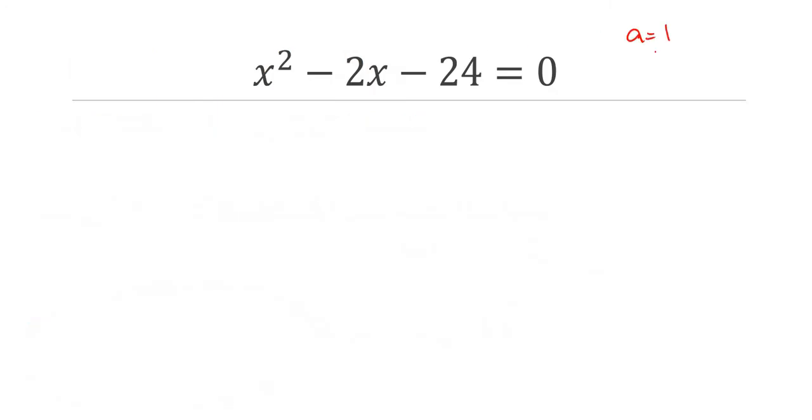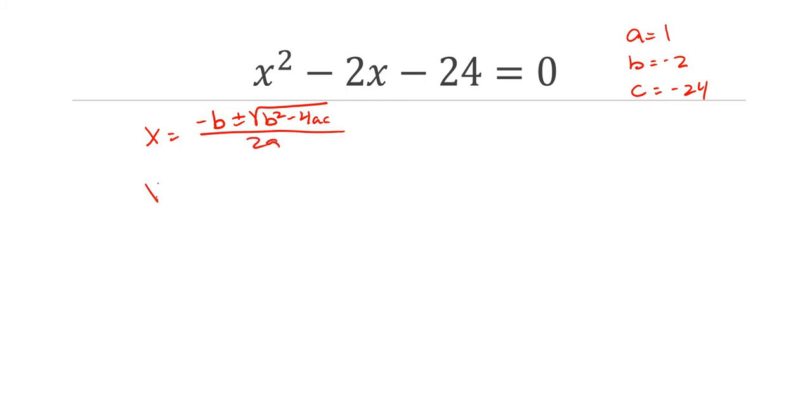So in this particular quadratic, a equals 1, b equals negative 2, c equals negative 24. My formula: negative b plus or minus the square root of b squared minus 4ac over 2a. The opposite of b, since b is negative 2, is 2, plus or minus the square root of negative 2 squared minus 4 times 1 times negative 24.